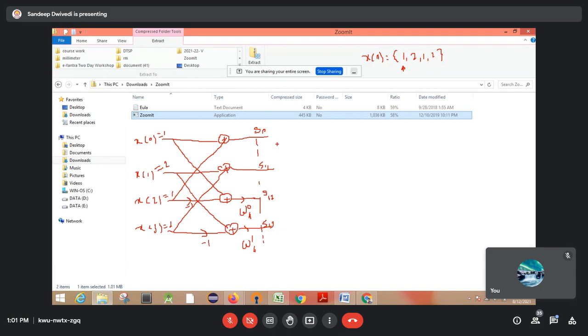Then after this, again the same thing, you can extend it like this and add adders in this. This will be the same as the first stage of the decimation in time. Whatever you got in decimation in time will be the same as stage 1.